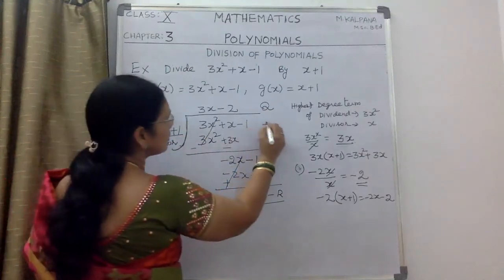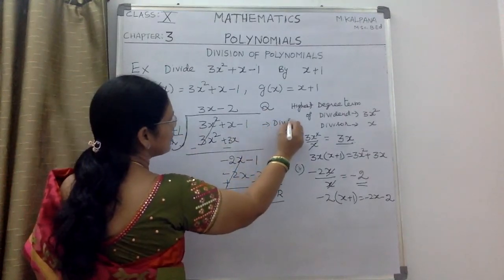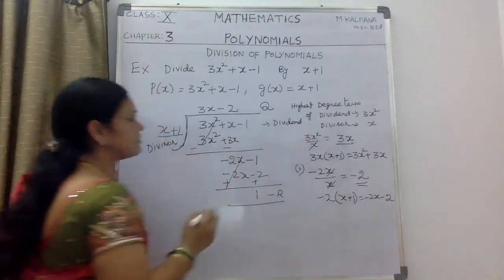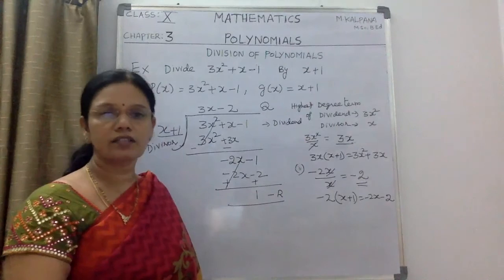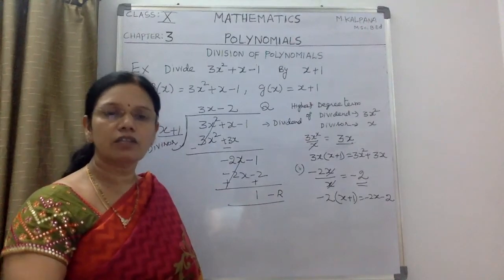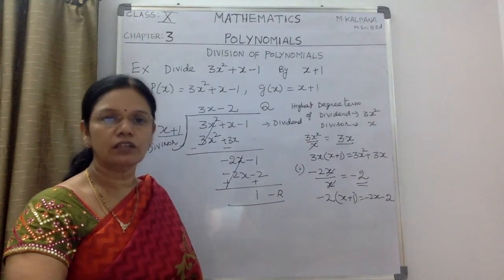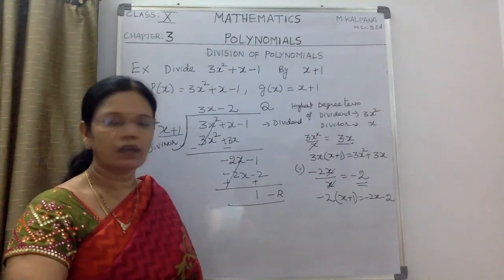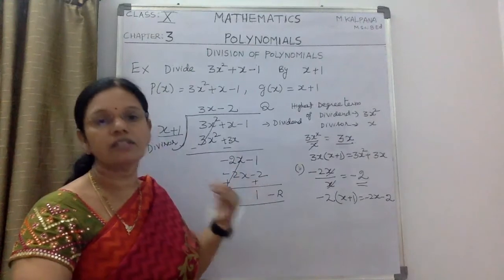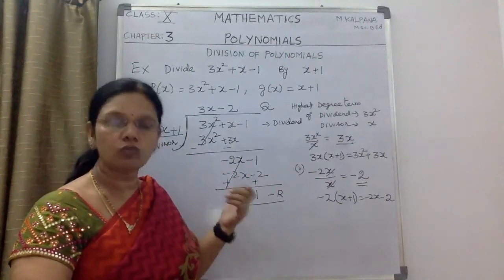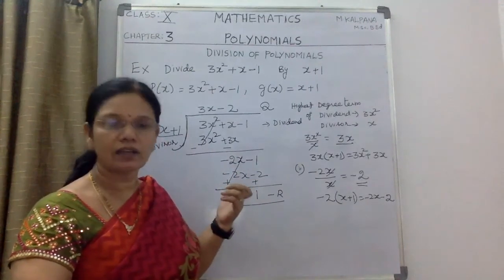This is the dividend. So as previously we have discussed in the normal division, dividend is equals to divisor into quotient plus remainder. Let us see whether that is applicable here also, or let us verify whether that is true in case of polynomials or not.